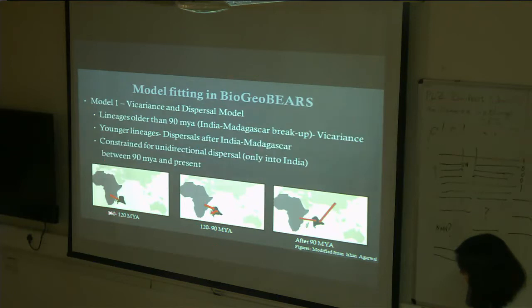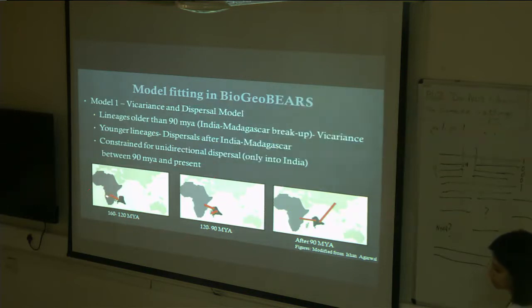Like what I did is, between 160 to 120 million years and 120 to 90 million years, I allowed for bidirectional dispersal, which is seen by the double-headed arrow. So between the land masses close to India, I allowed for direct dispersal in both directions.